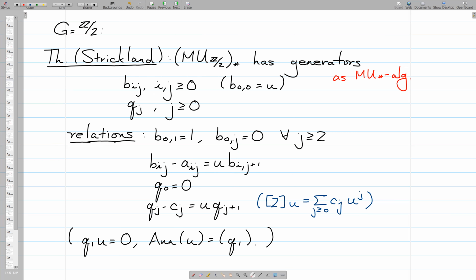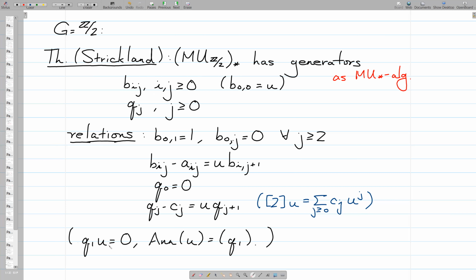And q_j minus an element c_j. What is c_j? You take the 2-series in U, and c_j is just notation for its coefficients. So that's also just an element in mu star. For each q_j, you subtract the c_j, this mu star element, and you can divide it by U once, and you get the next q. So there's one extra sequence of generators q.